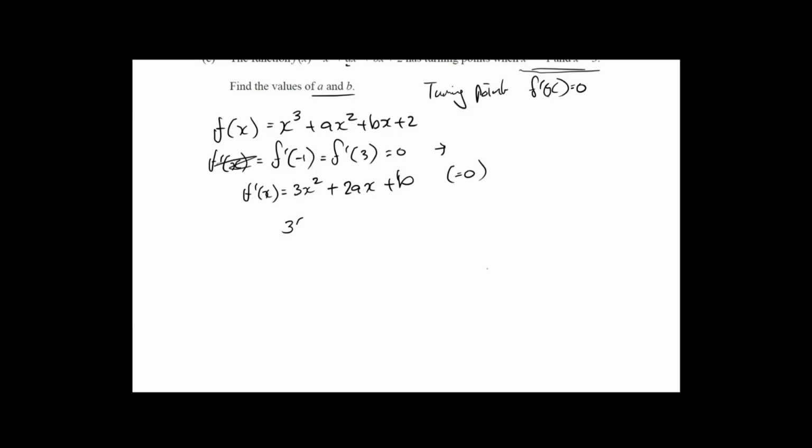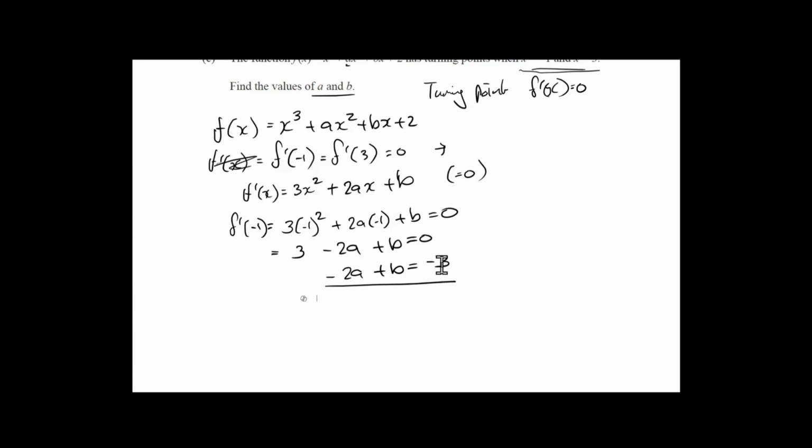So 3 times negative 1 squared, plus 2a times negative 1 plus b, and that's going to be equal to 0. So negative 1 squared is positive 1. So 3 minus 2a plus b equals 0. And I'm going to bring this 3 over. So negative 2a plus b equals negative 3.